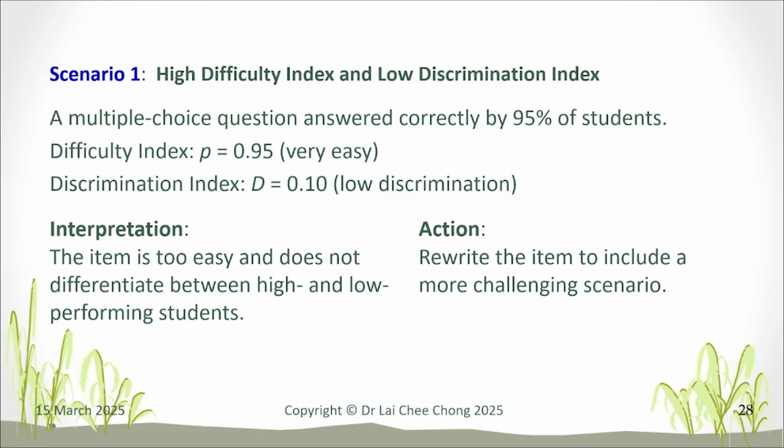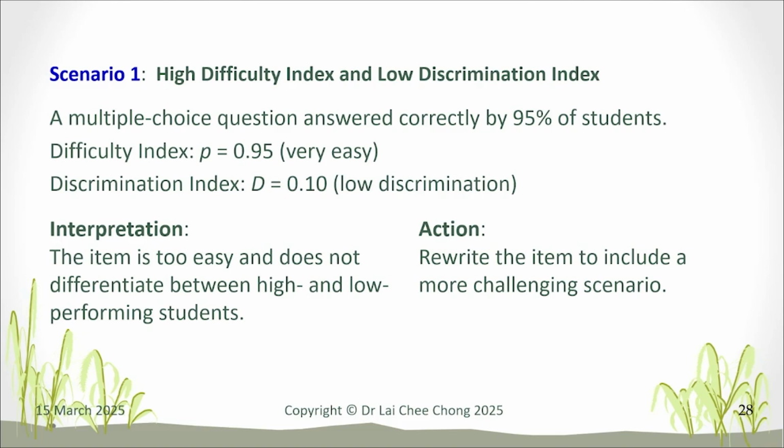It cannot differentiate. Sorry, it's a very easy item, close to 1. Because of that, it failed to discriminate between the students. Both groups can answer equally well.